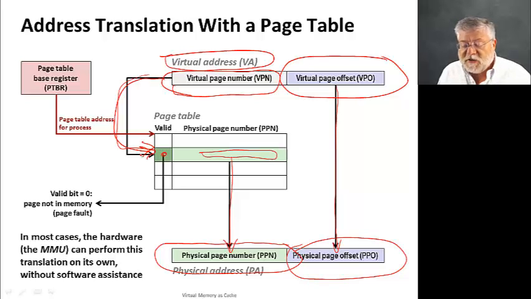And for each computer system and operating system combination, there's usually a standard place in memory where that occurs. Now, the important thing to understand is that all of this is done by the memory management unit in hardware. It doesn't require any software assistance or any knowledge of the programmer. This stuff is all going on in the computer system automatically.